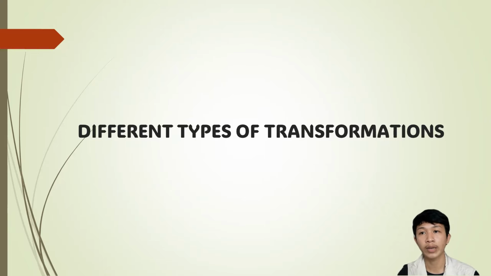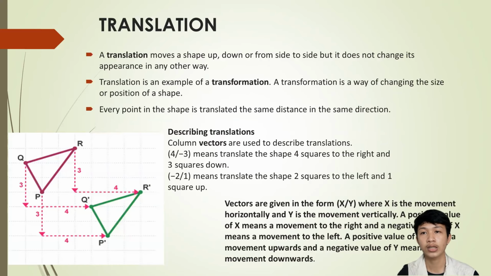Here are the different types of transformations. First is translation. From the word itself, to translate is to move the object. A translation moves a shape up, down, or from side to side, but it does not change its appearance in any other way.